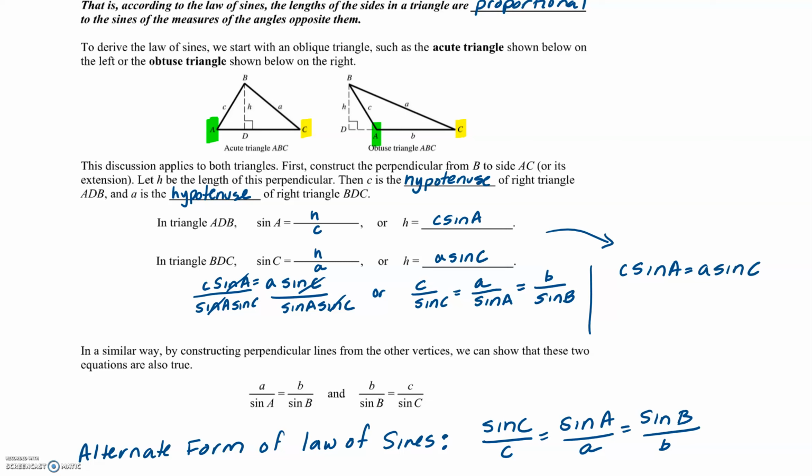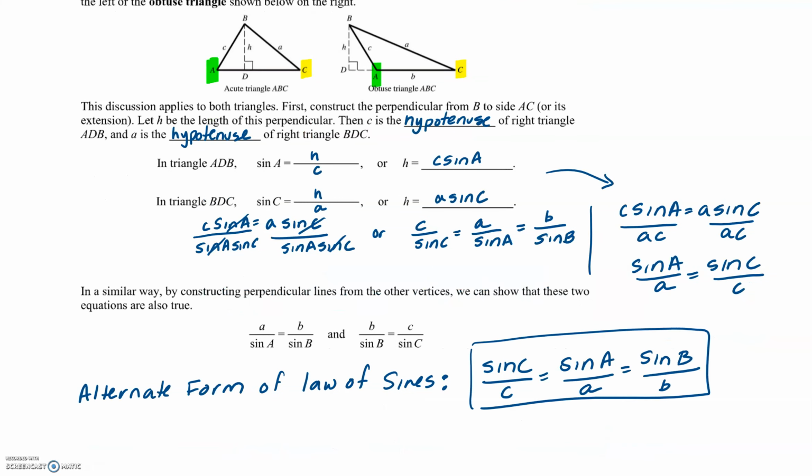And instead of dividing both sides by the sines, I could have divided both sides by ac. And then I would have had sine of A over a equals sine of C over c. That gives you the first two equations, and then again, we'd have to reconstruct the triangle with a different perpendicular going down to something other than AC to get something with B.